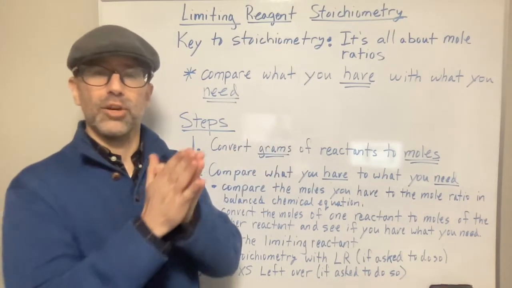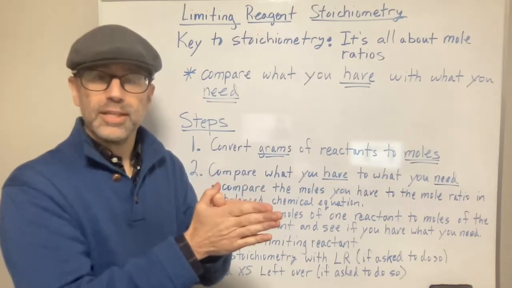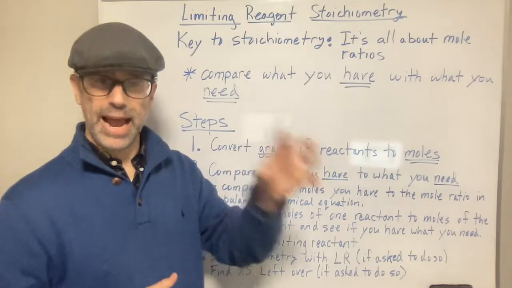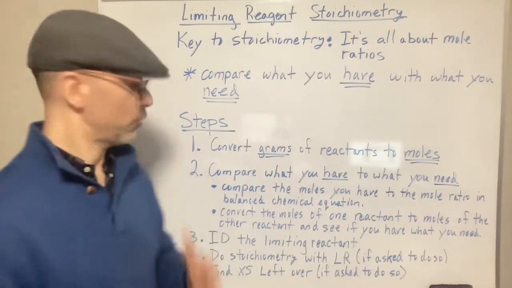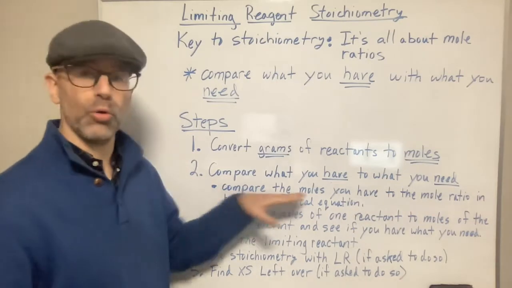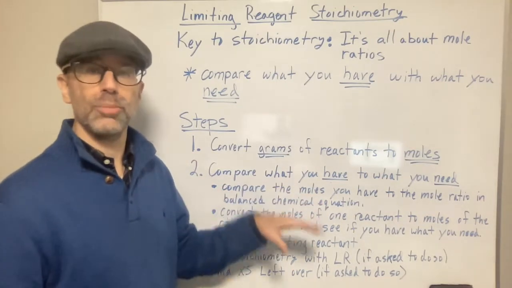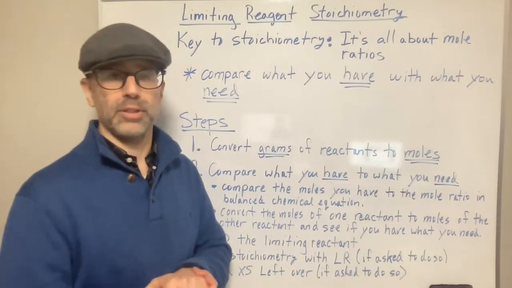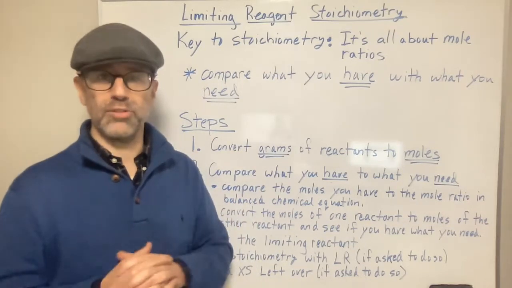So there's a needed amount that will react with the other reactant versus what I actually have. One way you could do it is just compare the moles that you calculated to the mole ratio. Sometimes you can eyeball it pretty easily.